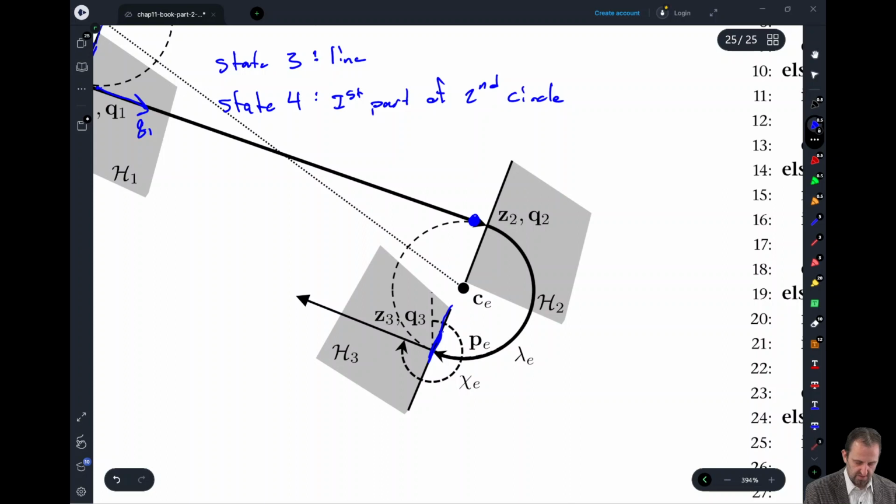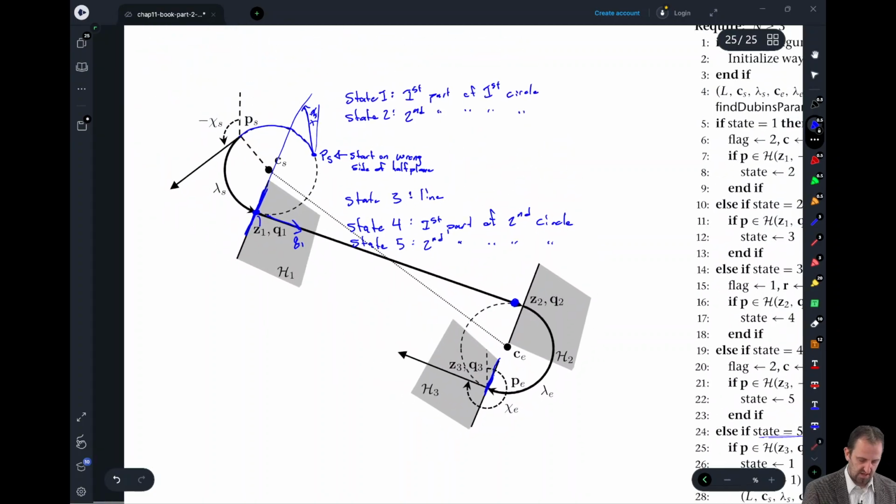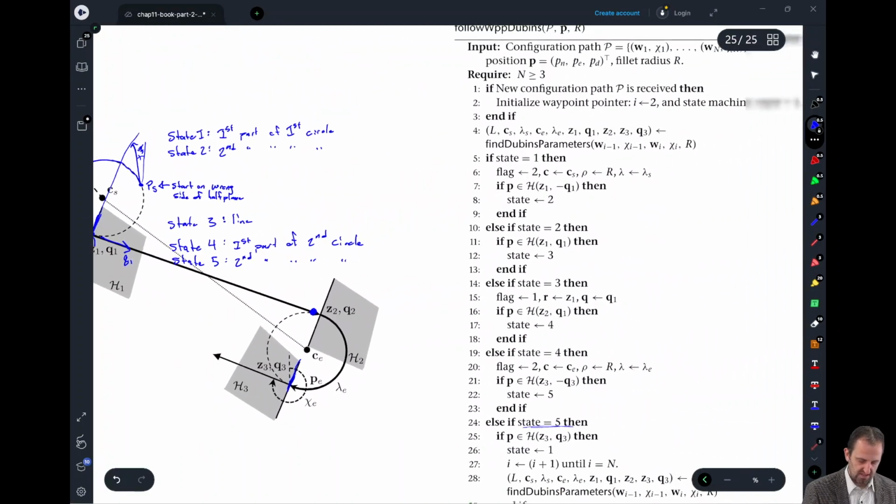If we started off right here, we could be on the opposite side of H3. In that case, we'd want to make sure that we execute the arc before saying that we're finished, before going on to the next Dubins path. So we'll execute the first part of the second circle, and then in state 5, we'll do the second part of the second circle. Okay, so we're going to have those 5 states.